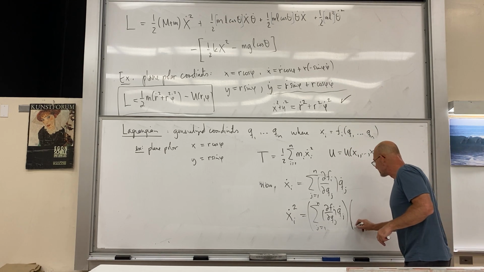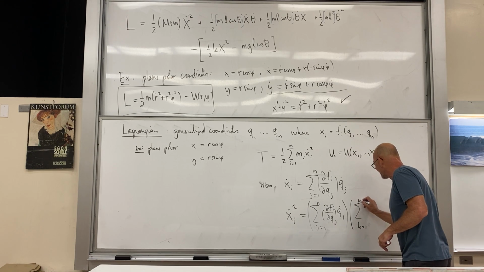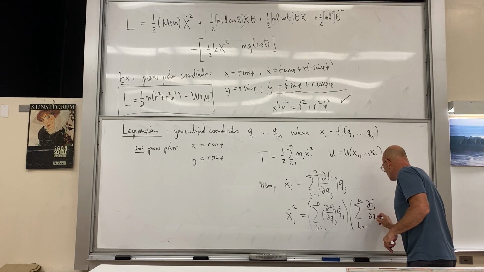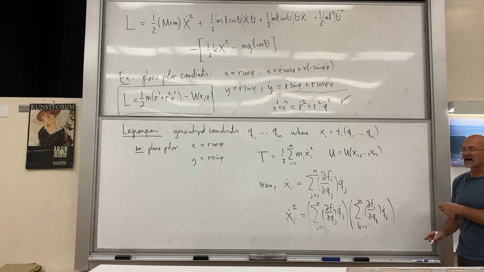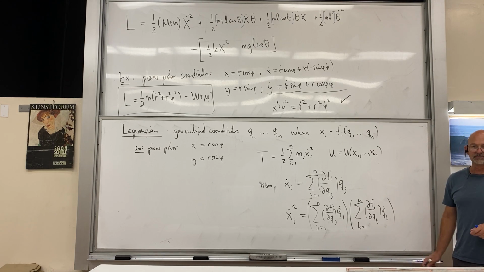We write it again with a different subscript, with a different index. So k equals 1 to n, df sub i dq sub k, q sub k dot. So that's how we square x sub i dot. Looks a little complicated, it's about to get worse, but don't worry, there'll be a satisfying conclusion to the whole exercise.